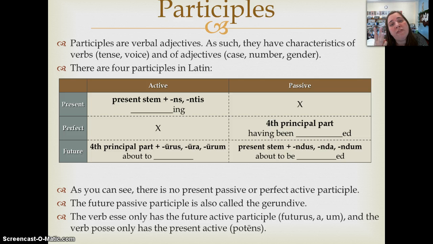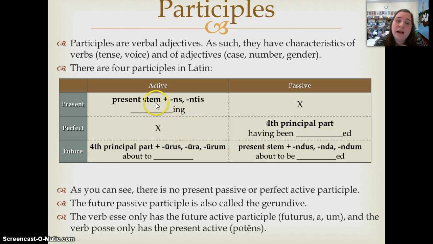There are a total of 4 participles in Latin, okay? There is the present active participle, the perfect passive participle, and then there's the future active and passive. So what you'll notice from this chart is that there is no such thing as a present passive participle, right? There's no such thing as a perfect active participle.